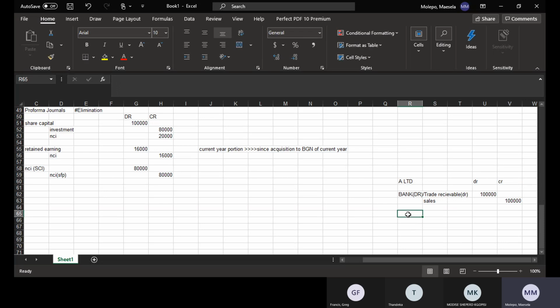And then the books of B Ltd. He was going to have purchases on the debit side. So it's either purchases or purchases slash inventory. So what did he use to purchase? He used either cash, which is from the bank, or trade payables.